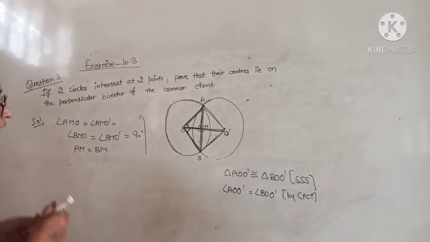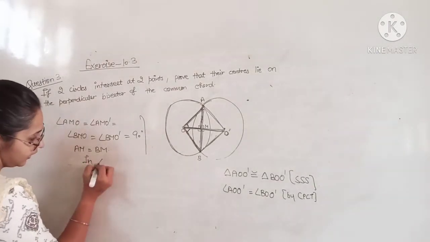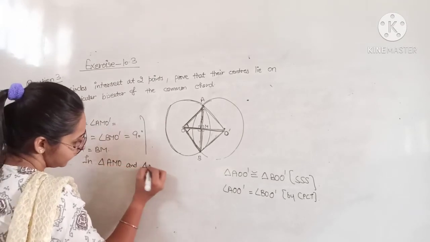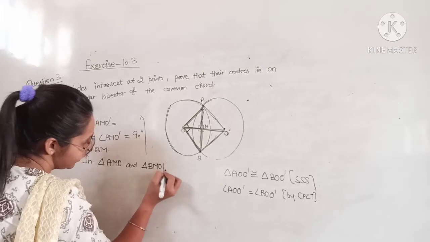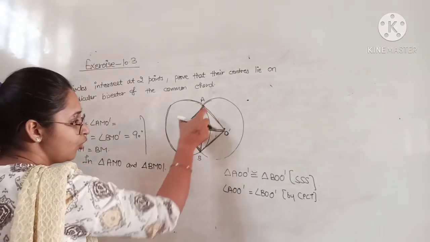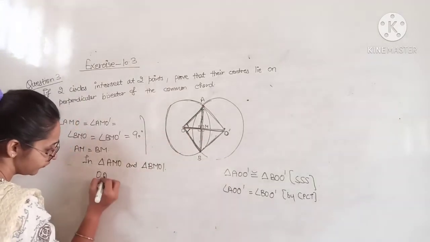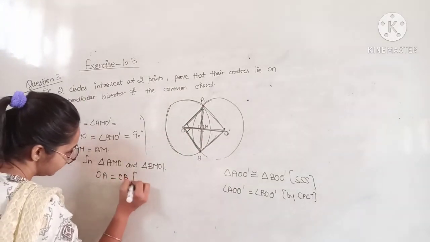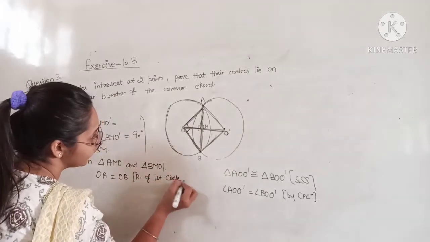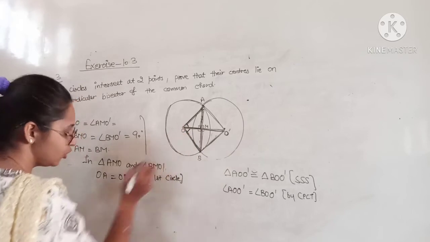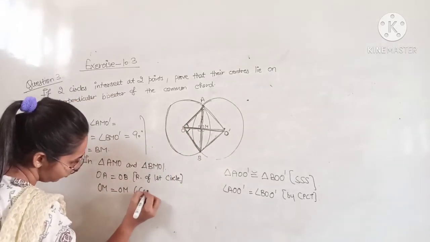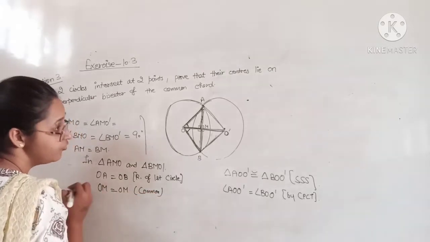In triangle AMO and triangle BMO, see very carefully, OA is equal to OB because they are radii of the first circle. Then OM is equal to OM, which is common.